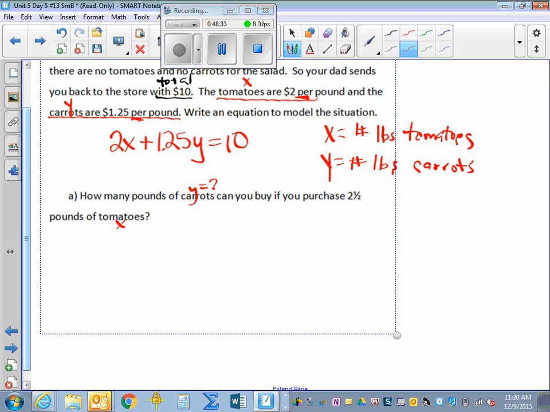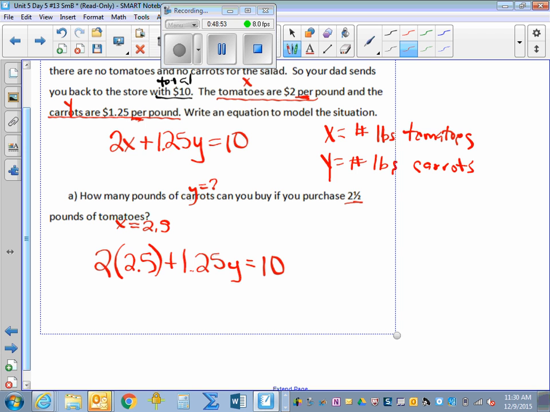So they're asking us, what is Y? They gave us tomatoes, so X is 2.5. In our equation, 2 times 2.5 plus 1.25 times Y equals 10.